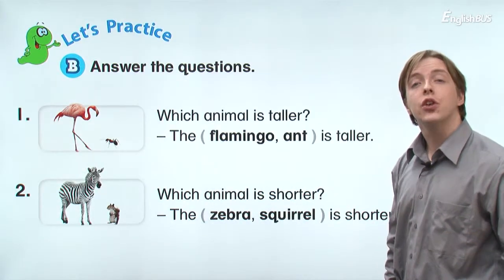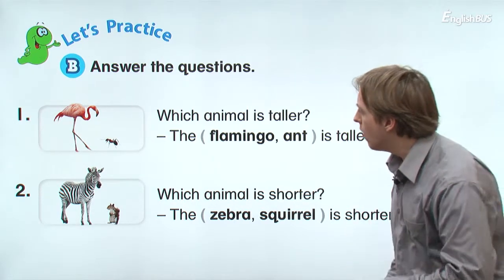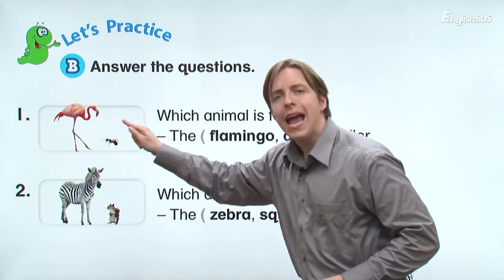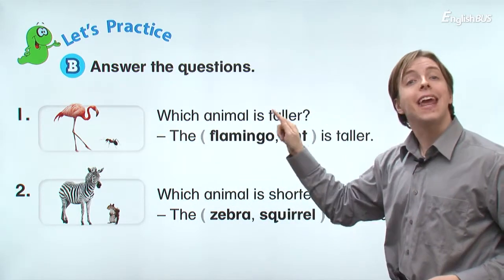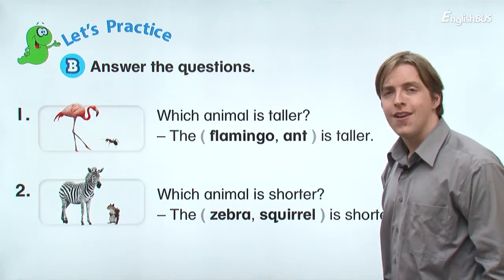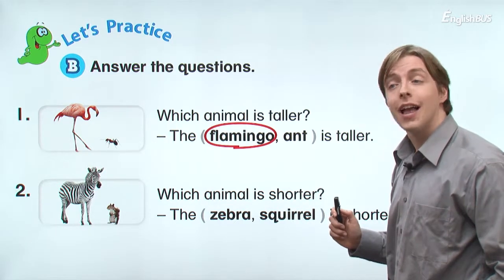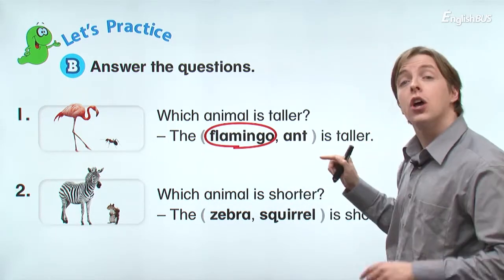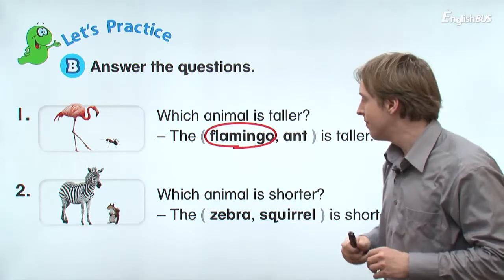Now we must answer the questions. Which animal is taller? So, we have a flamingo and an ant. So, the flamingo is taller or the ant is taller? What do you think? Very good. The flamingo is taller. The ant is shorter, or the ant is smaller.